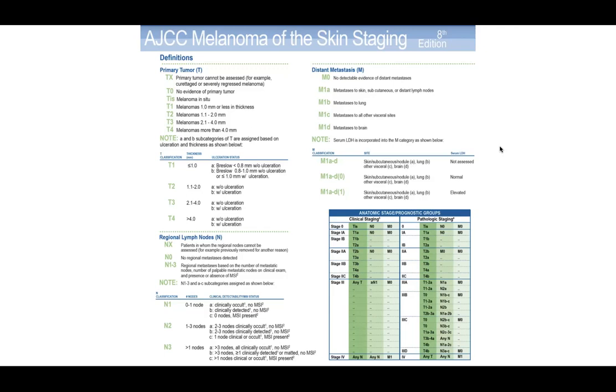If you have M1A, that is metastasis to the skin, subcutaneous, or distant lymph nodes. M1B will include metastasis to the lung. M1C will include metastasis to all other visceral sites, and M1D will include metastasis to the brain. Sometimes different considerations will include serum lactate dehydrogenase to incorporate into the M category, as shown below here.